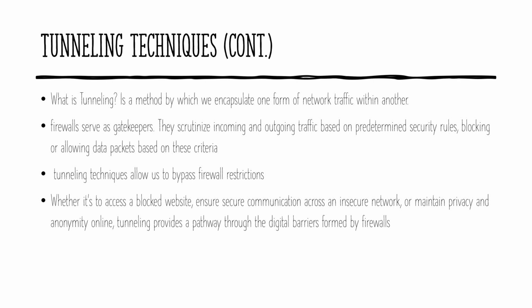The courier doesn't need to know what's written in the letter. They just need to deliver the envelope to its destination. Similarly, in tunneling, our data packets are the letters securely wrapped within another layer of communication protocol, ensuring they navigate through the network undetected and undisturbed by intermediary nodes like firewalls.